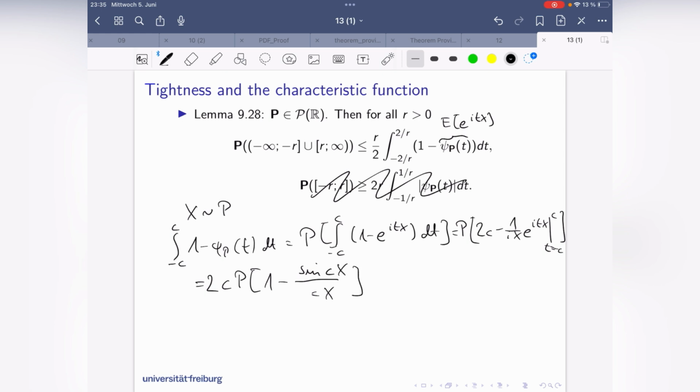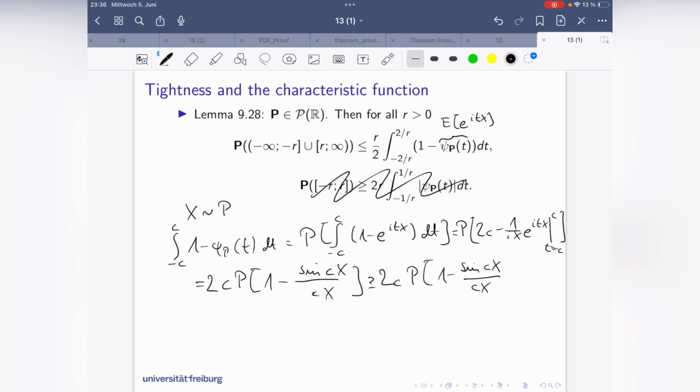Apparently, this is larger than 2c P 1 minus sine cX divided by cX. Remember that this here is smaller than 1, which means that this here is bigger than 0.